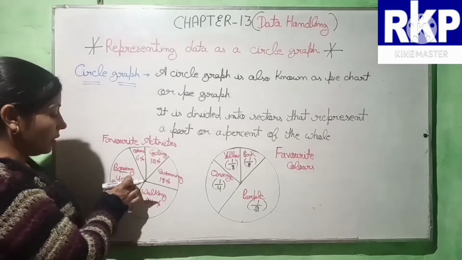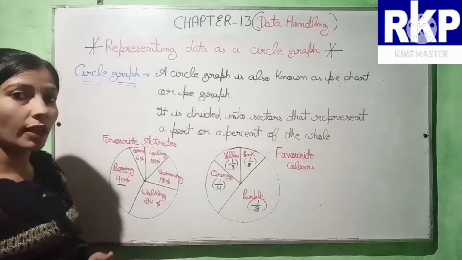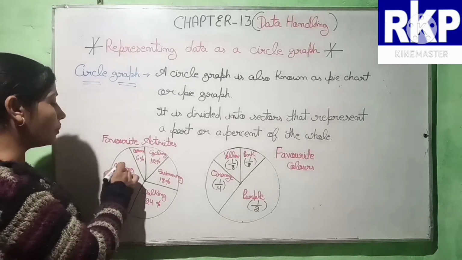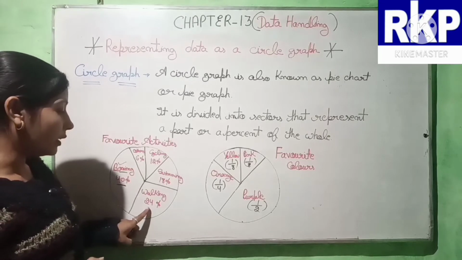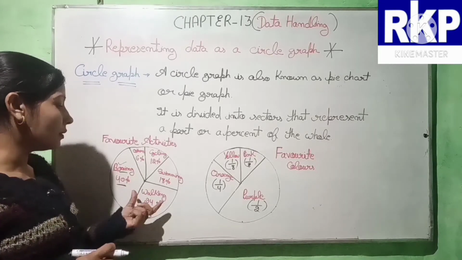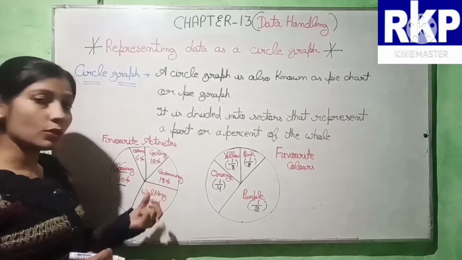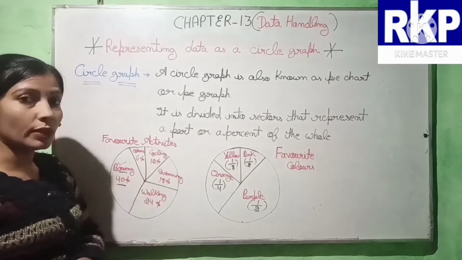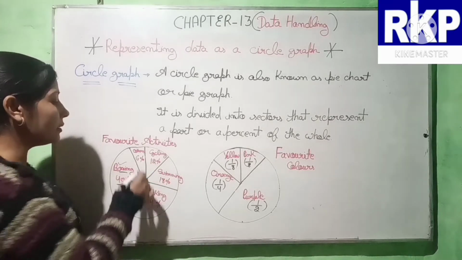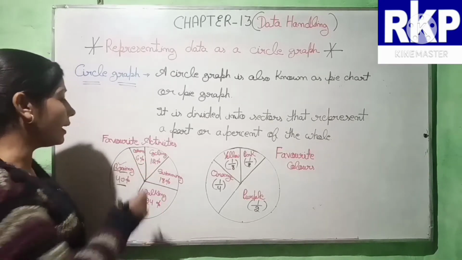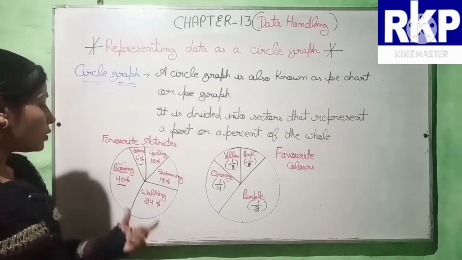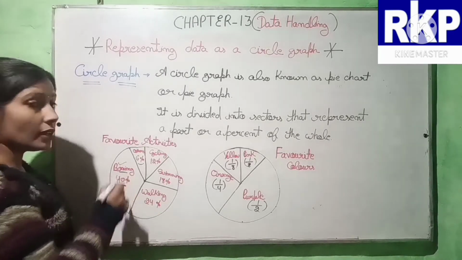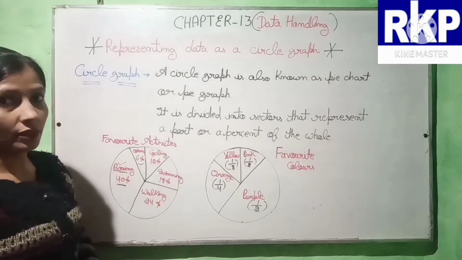It means 40% of the total students like boxing, 24% students like walking, 18% students like swimming, 12% students like cycling, and 6% students like other activities. So by looking at this circle graph, we can say that boxing is the most popular activity.